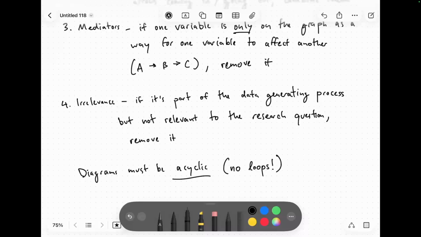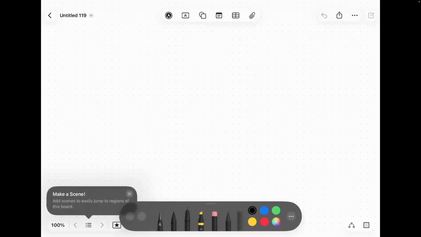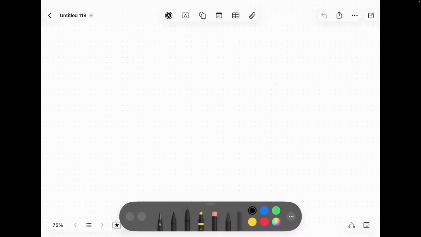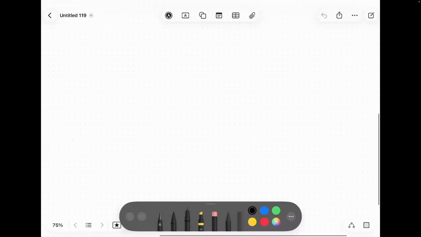So let's put this all together and look at an example, and then we're going to try and break it down and think about the principle behind all of this. All right, so we are going to look at this diagram.